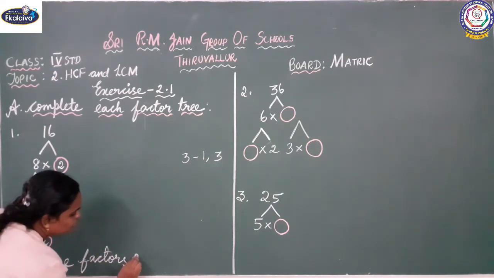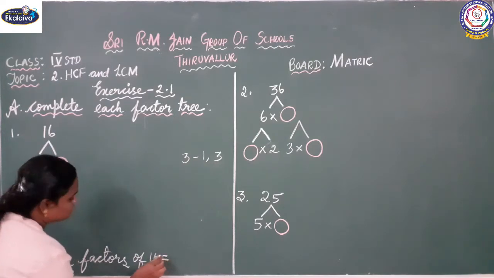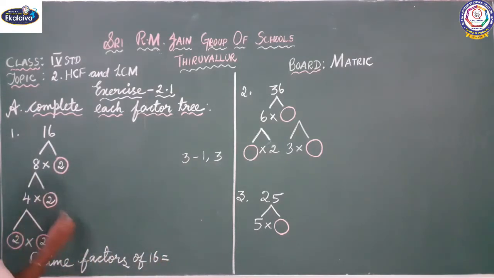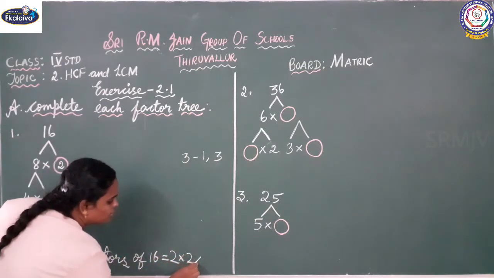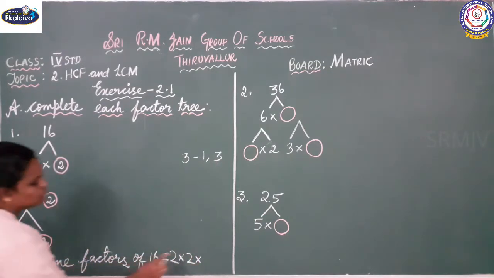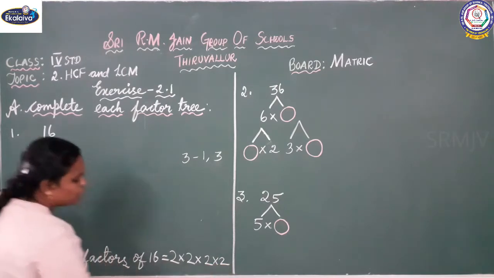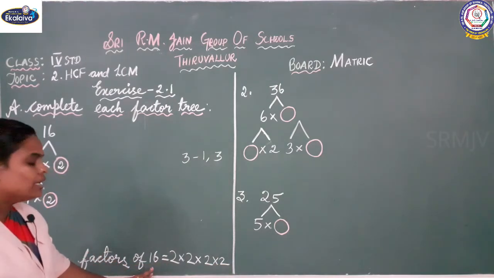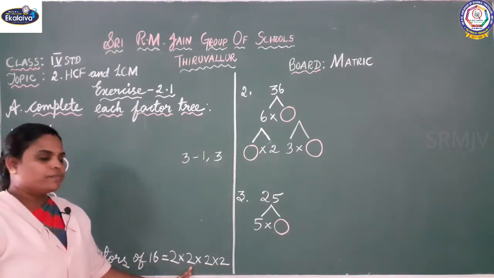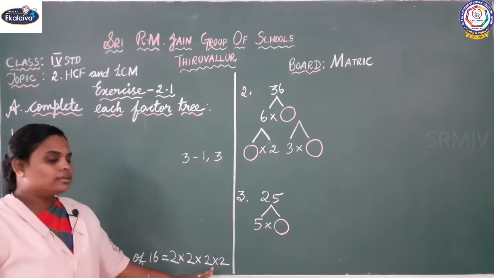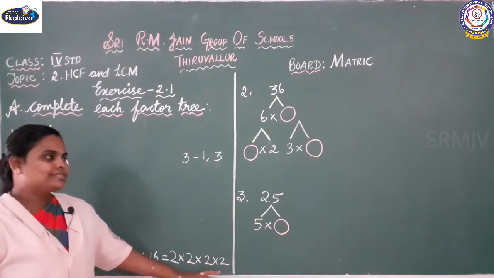Prime factors of 16 equal to 2 into 2 into 2 into 2, because only circled numbers are prime. If you multiply, you will get the answer: 2 2s are 4, 4 2s are 8, 8 2s are 16.